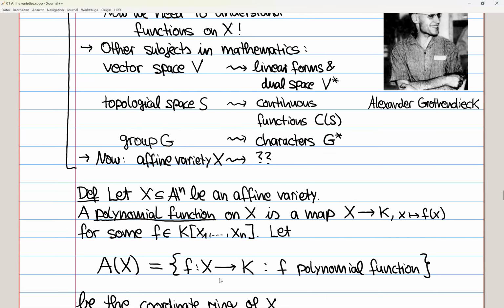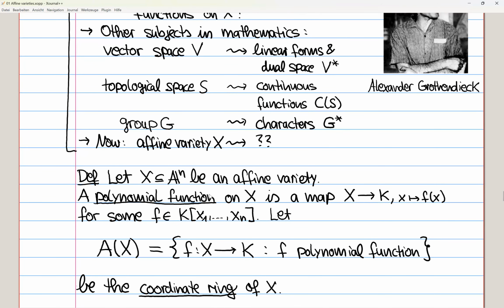The correct definition here is that when X is an affine variety, a function on X should be described by a polynomial in these ambient coordinates. So you say a polynomial function on X is a map from X to our base field, that's the natural place where functions should take values.